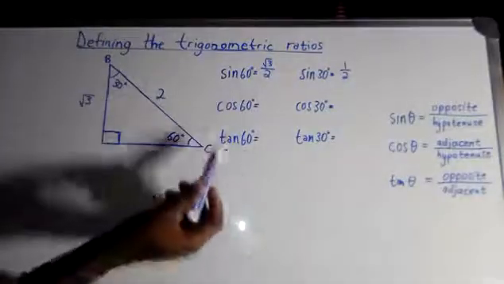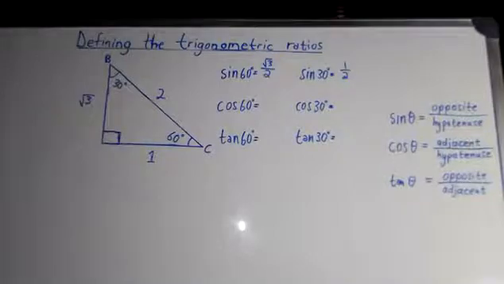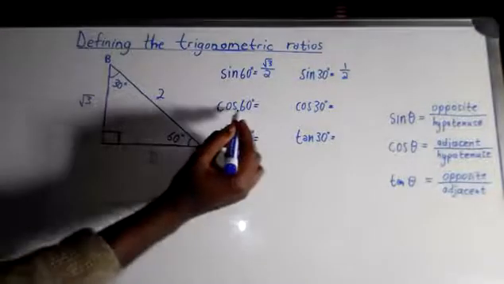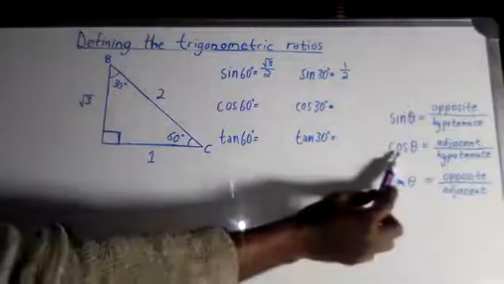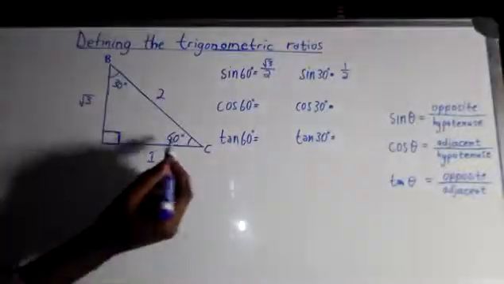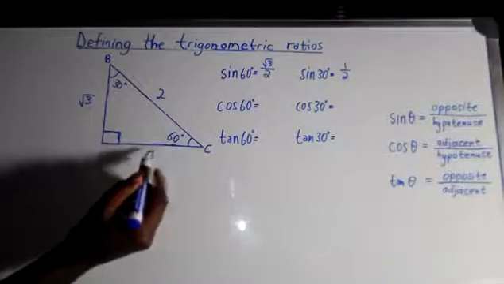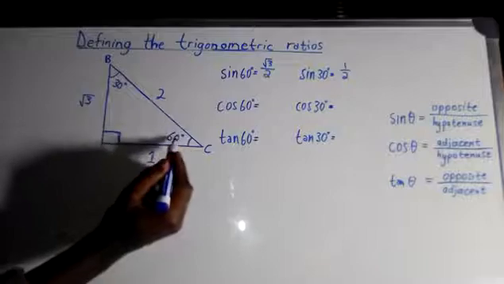Now let's continue with cos. What is cos 60 degrees? Cos of an angle is adjacent over hypotenuse. I go to my 60 degrees. Adjacent is always below your angle.